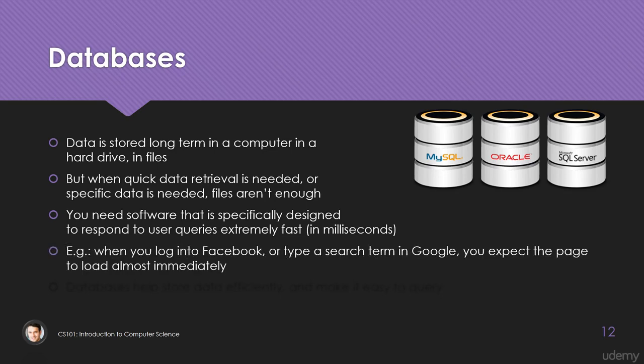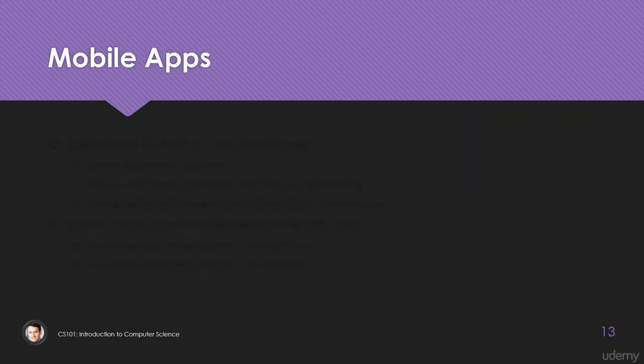For example, when you log into Facebook or type a search term in Google, you expect the page to load almost immediately. The databases are software that helps store data efficiently and make it easy to query and search on that data. If you go into computer science, you will often find yourself using databases for some real storage and querying work. And we'll talk about this in brief in this course as well.